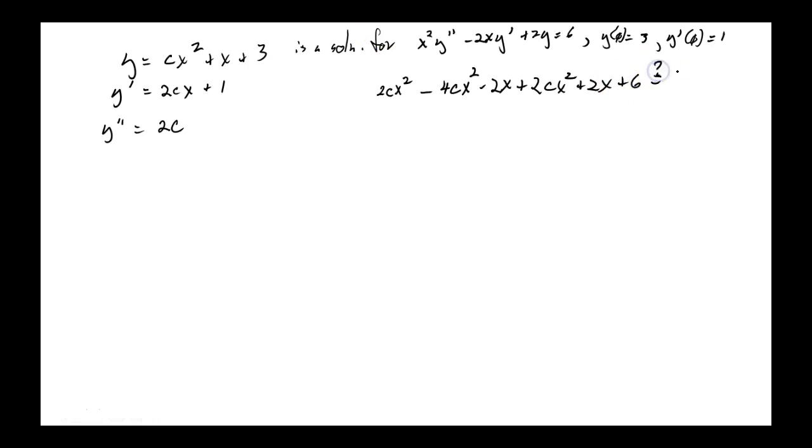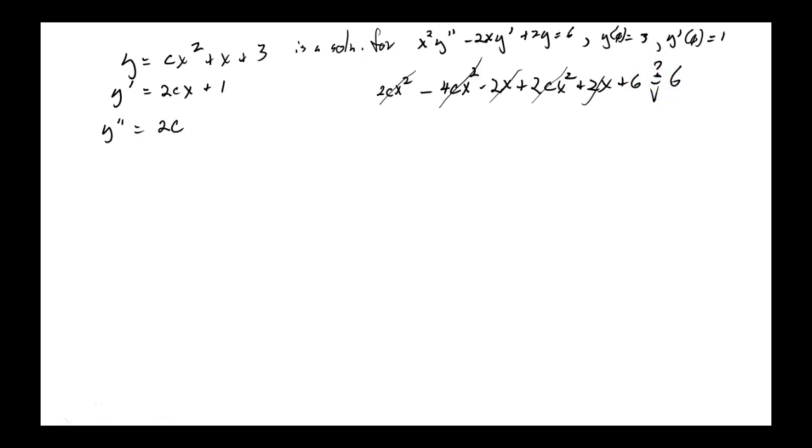And supposedly that should equal 6. Let's see if it does. Here's 2cx squared, another 2cx squared, those add to 4cx squared, minus 4cx squared, that adds to 0, minus 2x plus 2x, that adds to 0, 6 is equal to 6. Sure checks on the differential equation part.